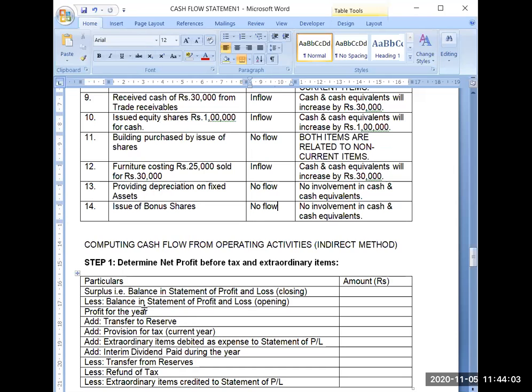Because your cash flow statement is divided into three parts, we will be calculating cash flow from operating activities, then cash flow from investing activities, and also cash flow from financing activities. Now we are going to start the first part, that is, computing the cash flow from operating activities.